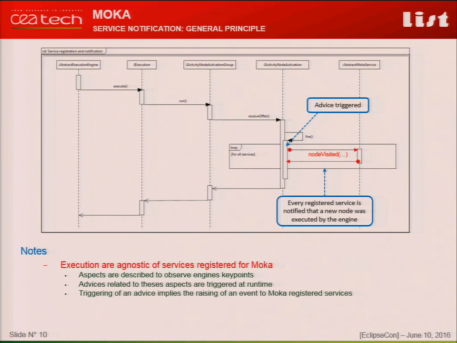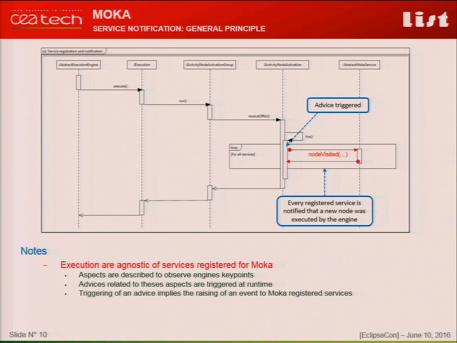Okay, this is a sequence diagram that summarizes how the service mechanism is connected to the execution engine. What you have is your abstract execution engine that handles a particular execution, and an execution is an interpreter for a particular behavior that is specified in UML.